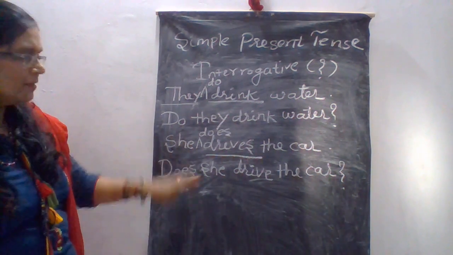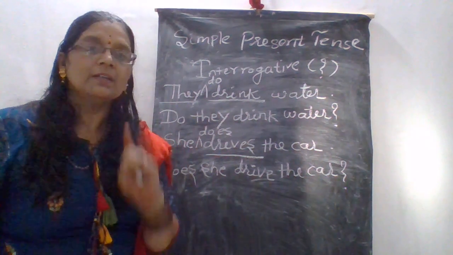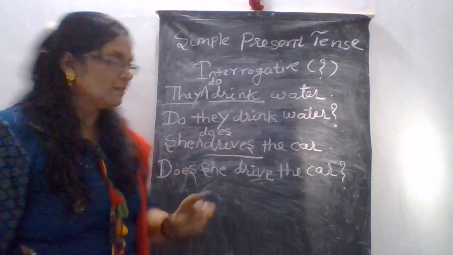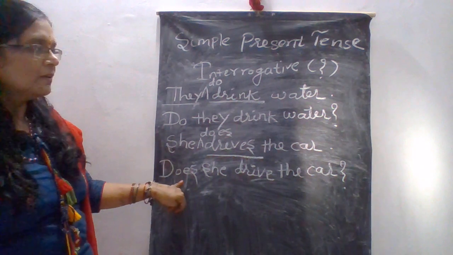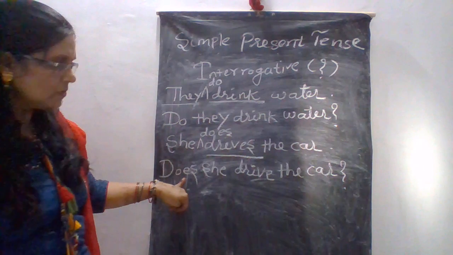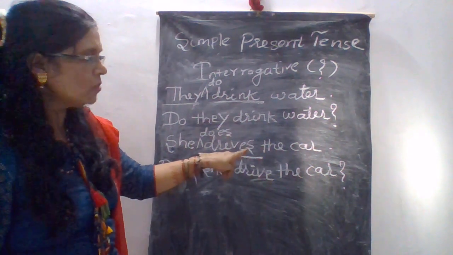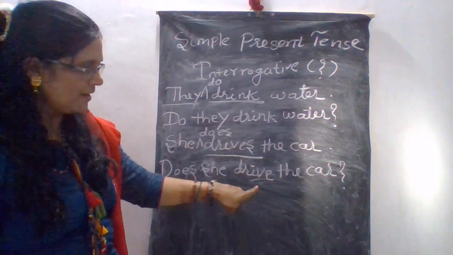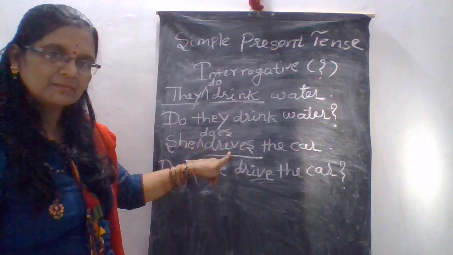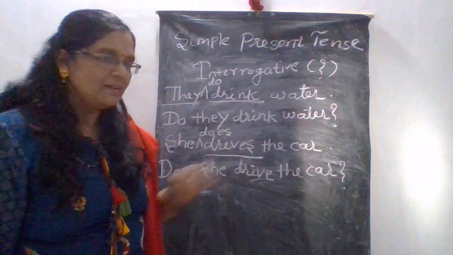One very, very important rule you have to keep in mind: when we are making a question sentence using does, then you have to remove s or es from the verb. So I have written here drive, I have not written drives. Does she drive the car?